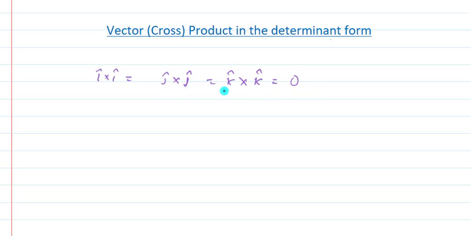Now let us find the value of I cap cross J cap, J cap cross K cap and K cap cross I cap. To find these values, you should recall what I told you a few minutes ago, that the cross product of two vectors is a vector which is perpendicular to both the vectors.